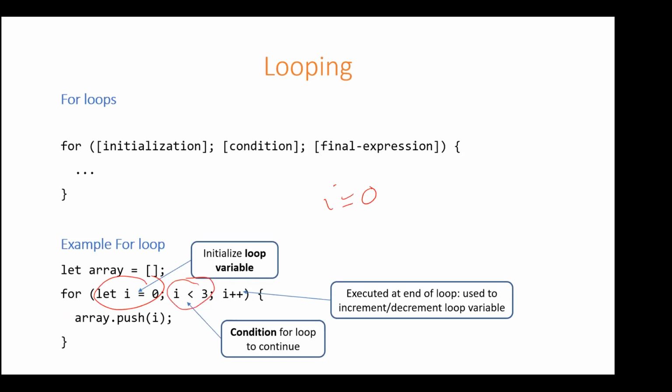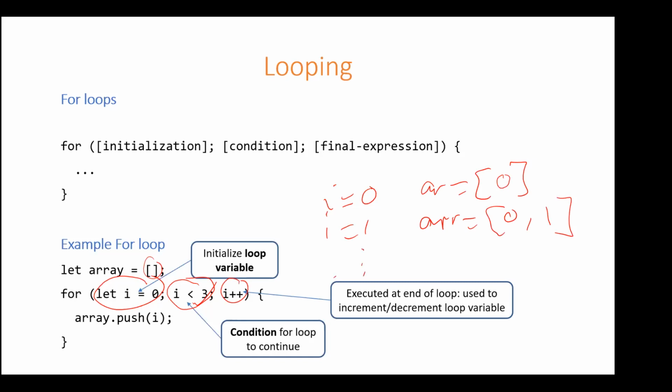You check, i is less than 3 is true, so you run the loop. You push i into this empty array. Then you reach the end of the body and you increment i. Now i equals 1 and it's less than 3. It's good, so you go inside the body and you push i inside.